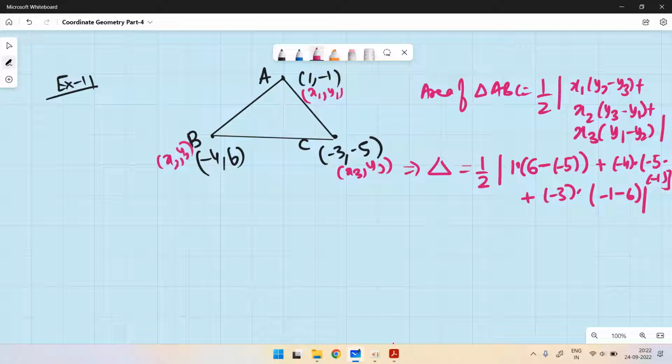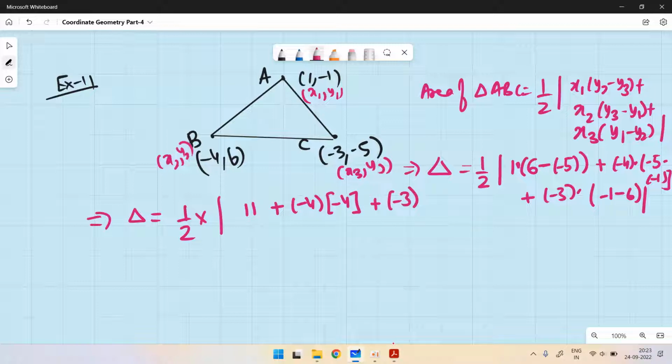So which implies that the area delta is half into modulus of 1 into (6 plus 5), so 11, plus minus 4 into (minus 5 plus 1), which is minus 4, and again plus minus 3 into (minus 1 minus 6), which is minus 7.